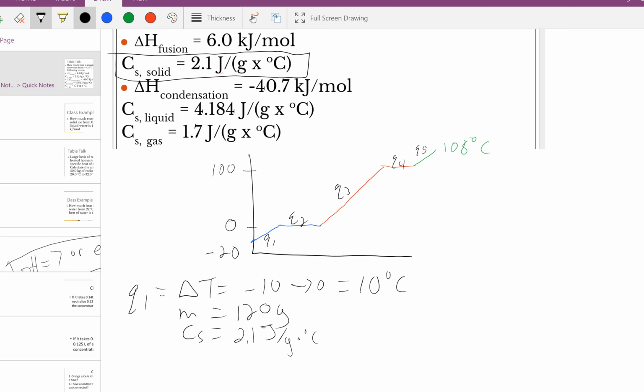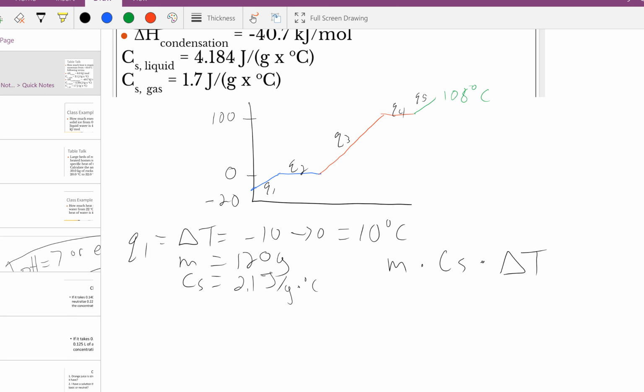So when I do my first Q value, it's going to be m times Cs times delta T. And that's going to be 120 grams times 2.1 joules per gram degree Celsius times 10 degrees Celsius. The degrees Celsius are going to cancel out. The grams are going to cancel out.